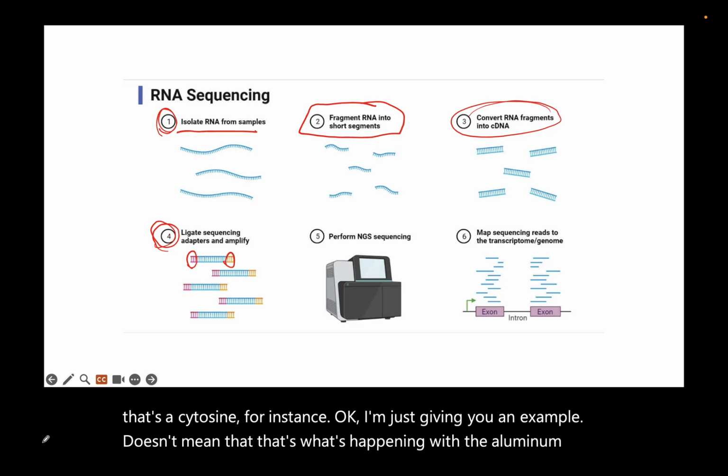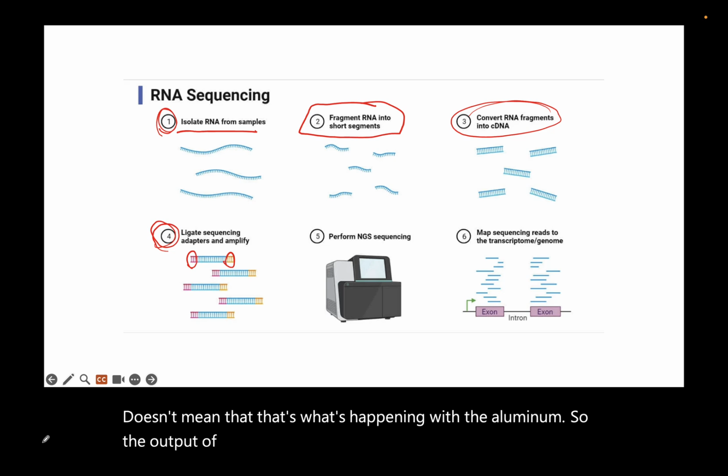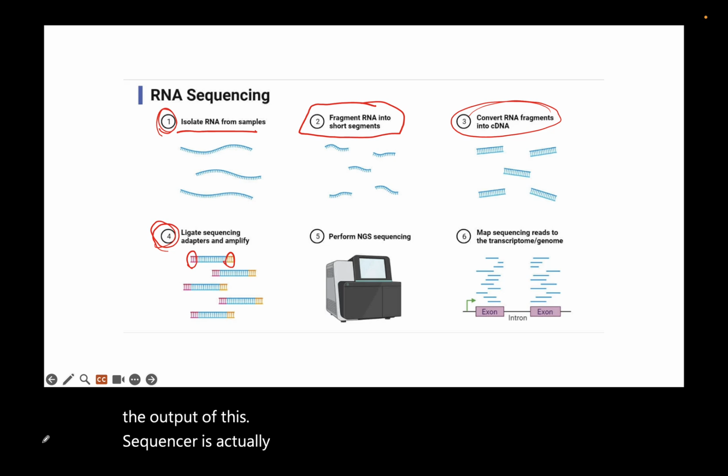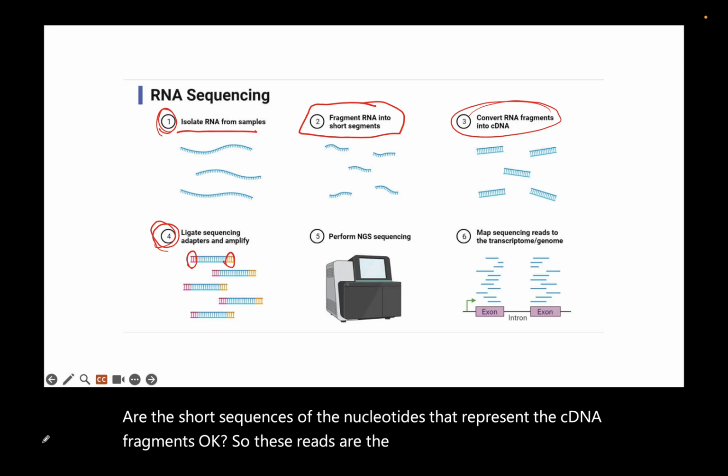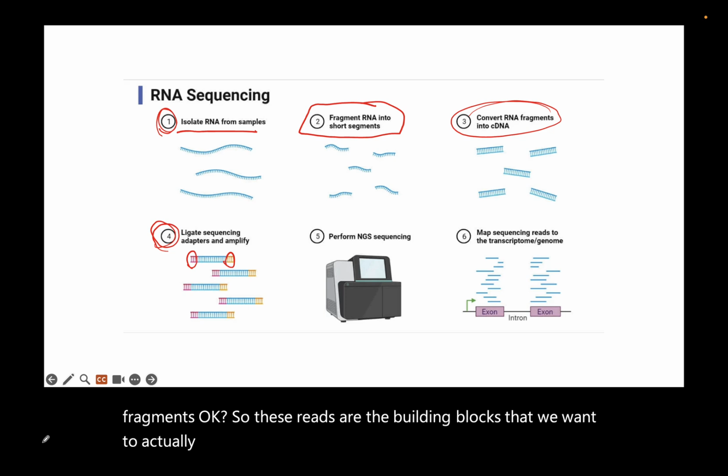So the output of this sequencer is actually a very large file that contains the reads. Reads are the short sequences of the nucleotides that represent the cDNA fragments. Okay, so these reads are the building blocks that we want to actually understand what are the genes that are present or active in the original RNA sample.